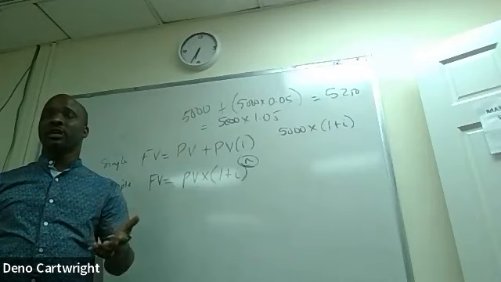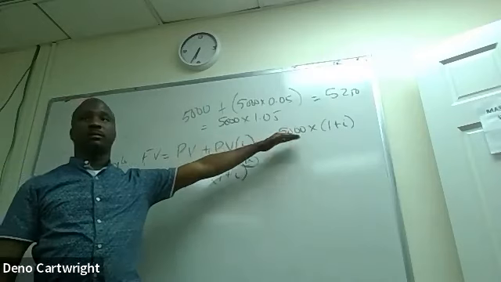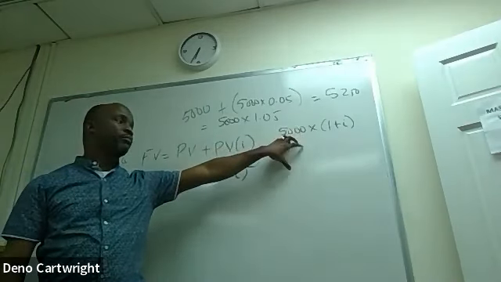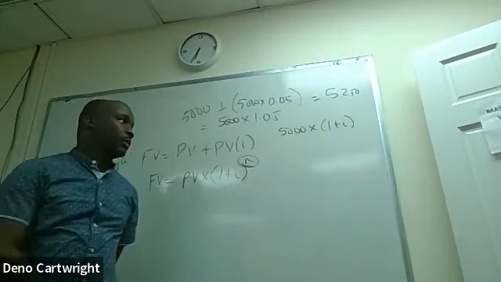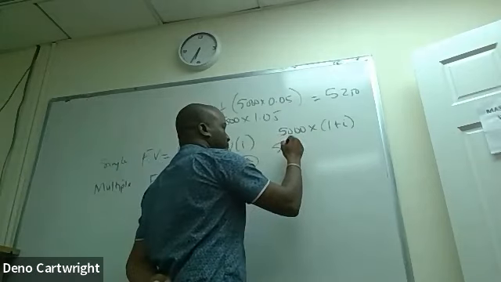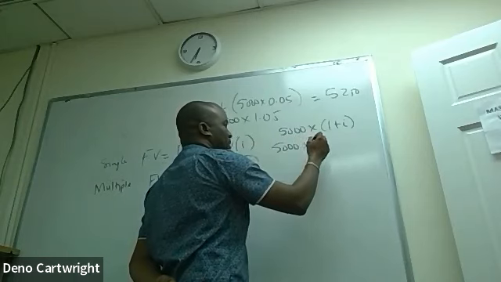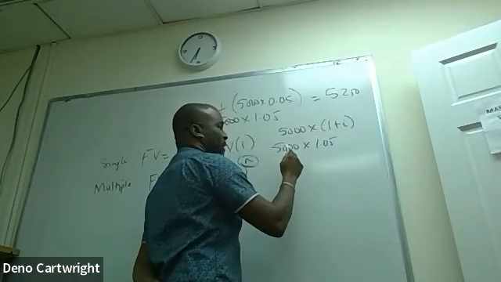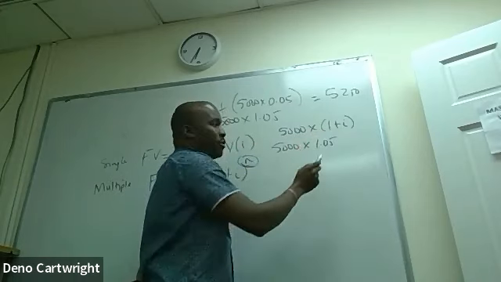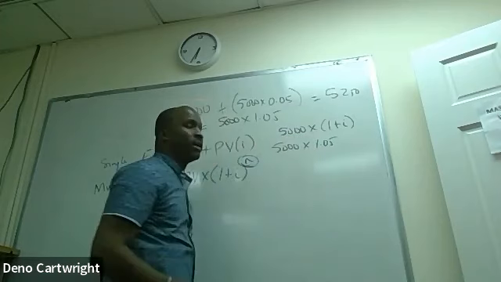Otherwise, it'll always be a fraction of whatever your primary number is. So when you get 5,000 times 1.05, you're multiplying the 5,000 by itself, and you're also multiplying the 5,000 by the 0.05.